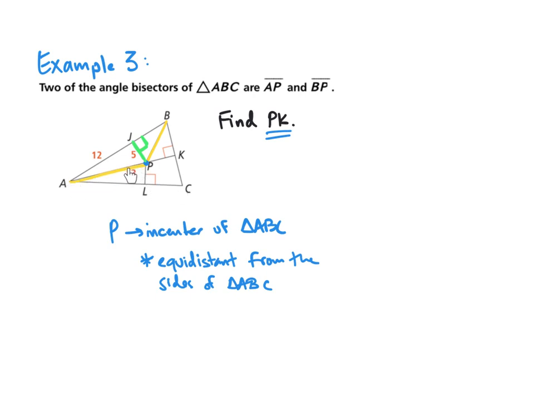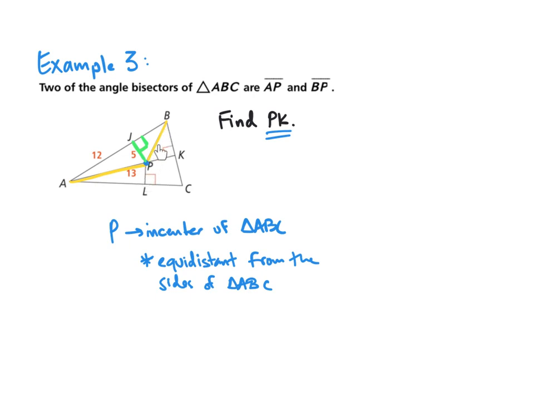It got bisected by segment AP because it says segment AP is an angle bisector. Point P is on that angle bisector, and it's going to be equidistant from this side and this side. Okay, good enough. That would tell us that the length of PL would be the same as the length of PJ. So that would be a 5.